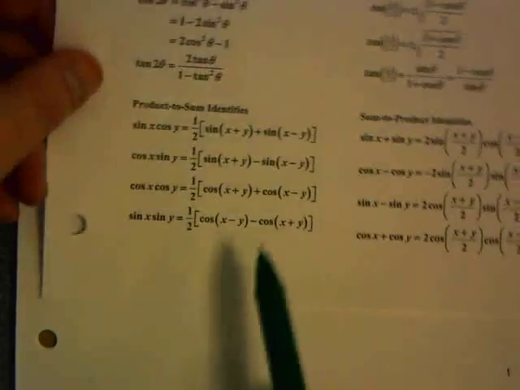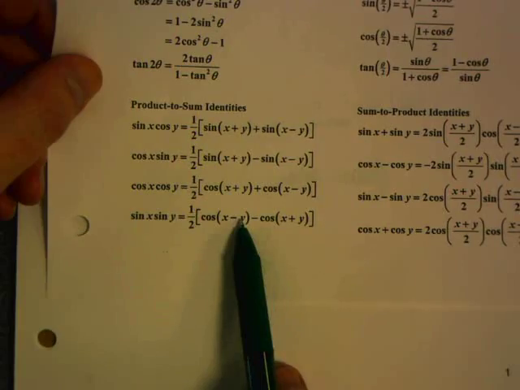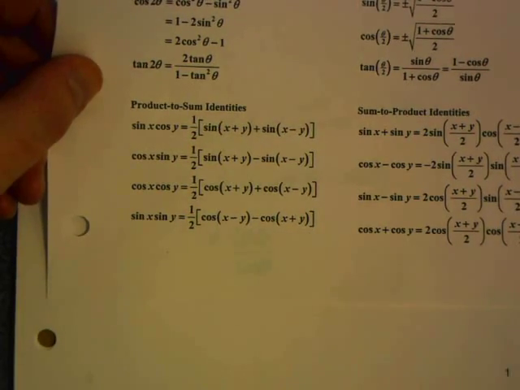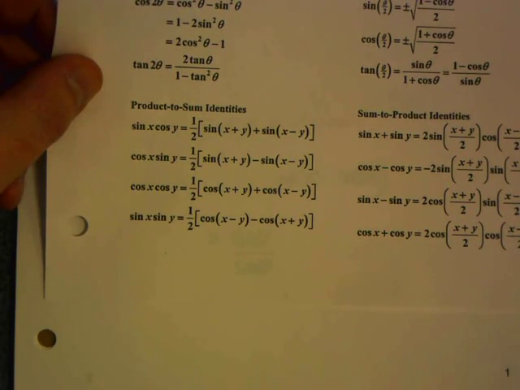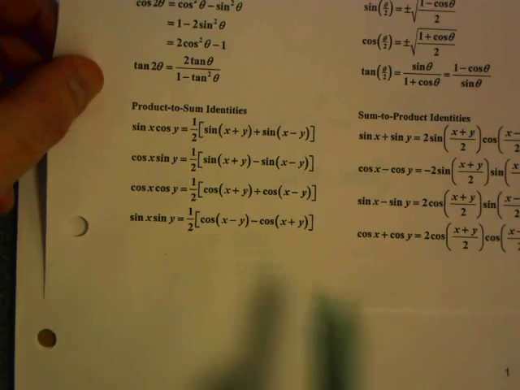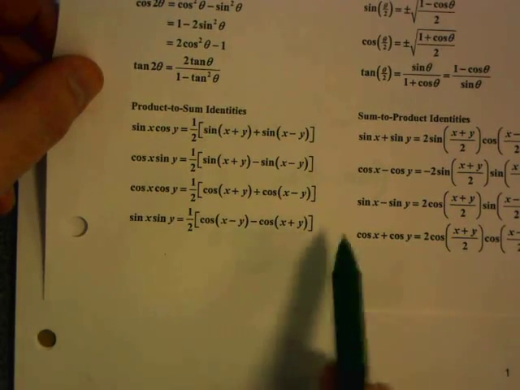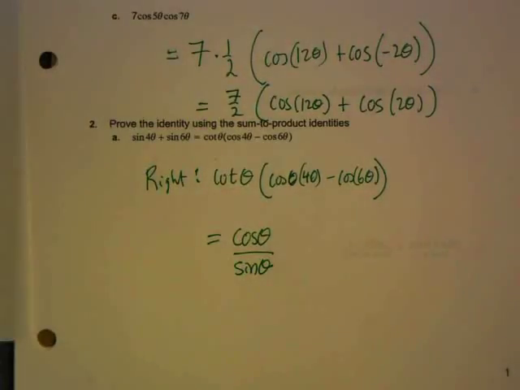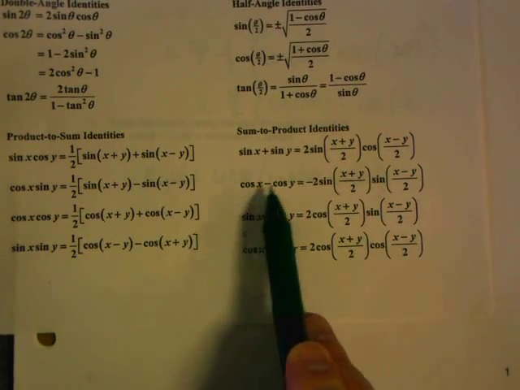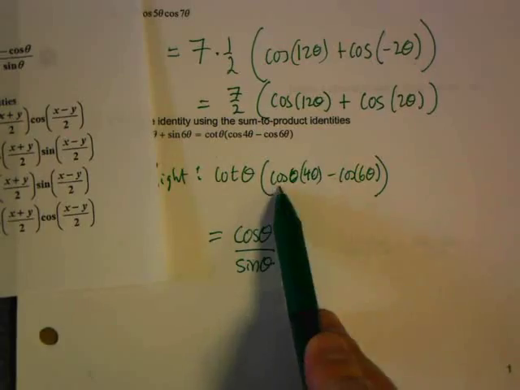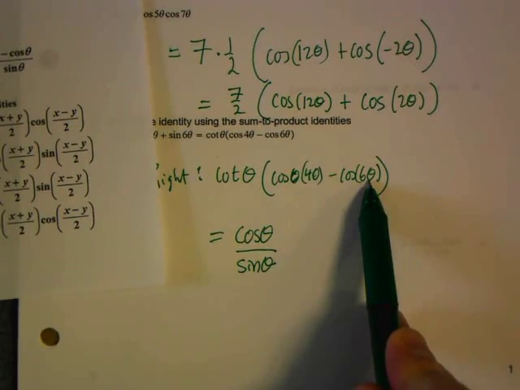But what would my x and my y have to be so that x minus y is 4 theta and x plus y is 6 theta? I'm not sure. I mean, I think you could figure it out. You know, try some possibilities, 2 theta and 4 theta maybe. Anyway, but I think rather I want to use this one where I have cosine x minus cosine y.